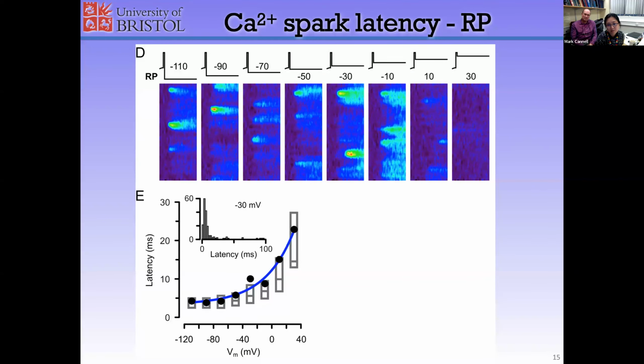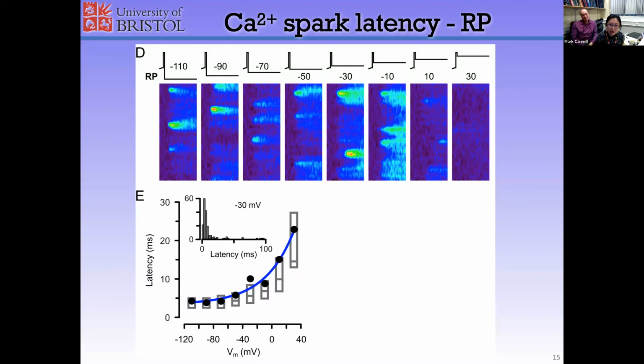During this protocol, you can see that again, calcium sparks are activated stochastically, and that spark rate and latency appear to depend on voltage. And when we plot this out, we found that the calcium spark latency during RP increased monotonically with voltage, supporting the idea that we have removed from calcium spark latency the latency to the first opening of the L-type calcium channel.